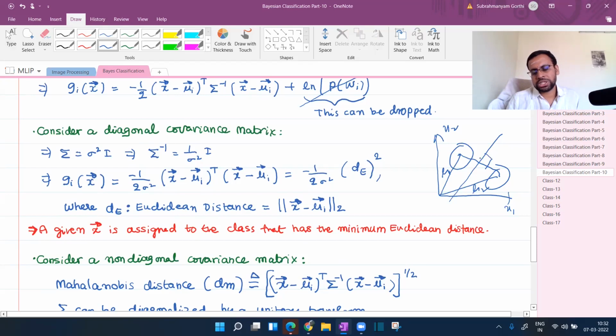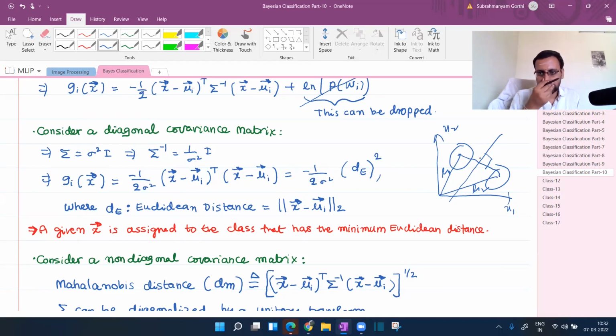That's your decision hyperplane. What you have computed right now is GI of x bar. Now you assign it to a class that has minimum Euclidean distance. That is what you are going to do here.